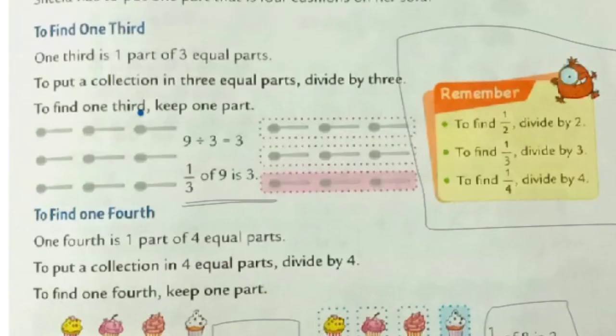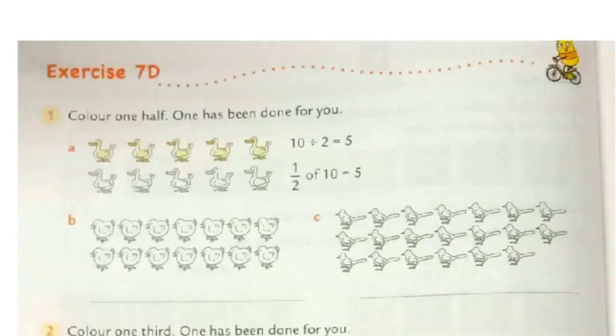Now we'll practice this with some questions. So here is our exercise number 7D. Let's do question number 1. Color 1/2. 1 has been done for you. As we can see here, there are 10 ducks. If we divide 10 by 2, we will get our answer 5.